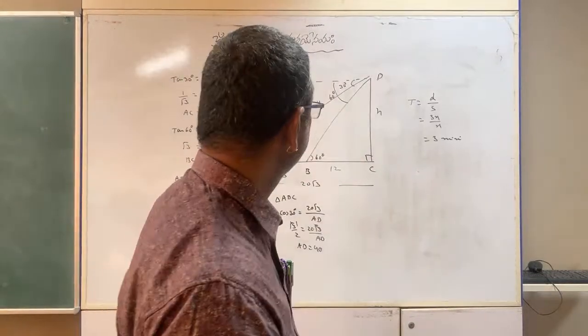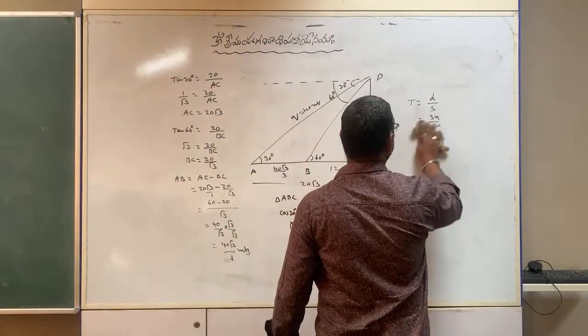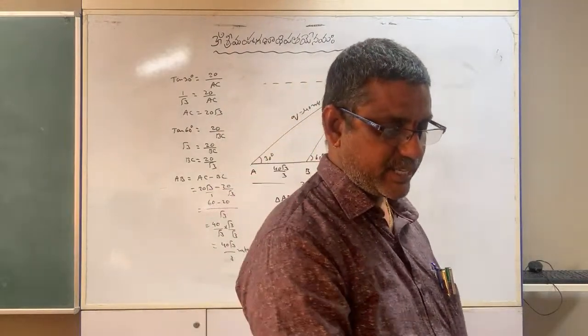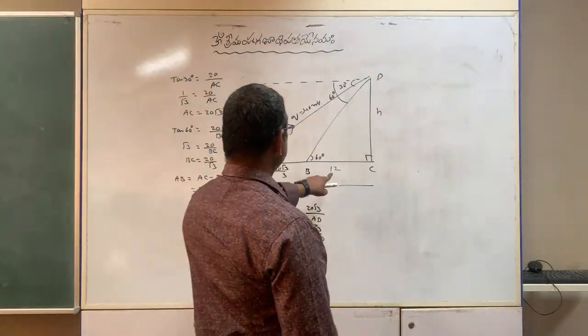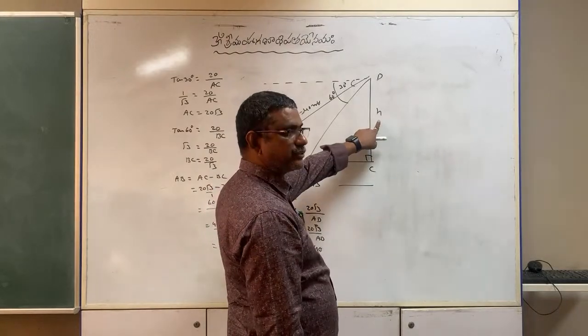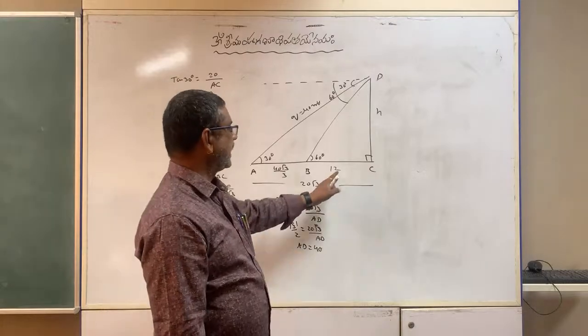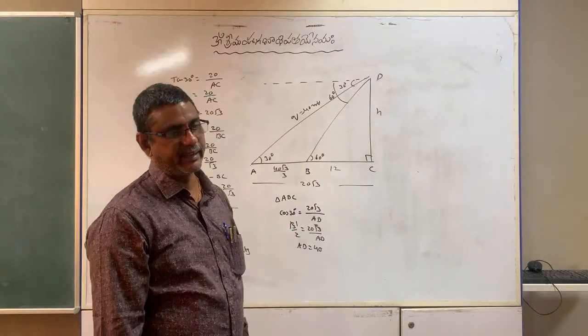Now, tan 60. We know this, and we want to find out this with respect to this angle. Tan 60 we can use, or cot 60 we can use, your wish.